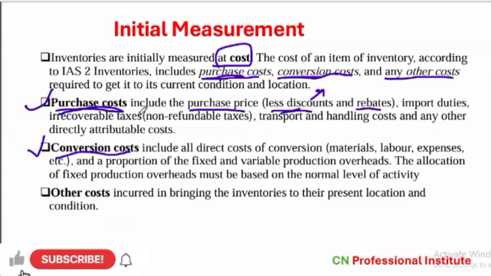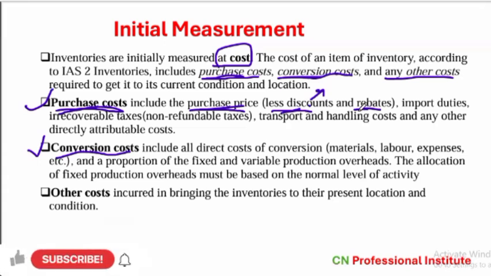So the purchase cost includes the purchase price, less discounts and rebates. What do we mean by discounts and rebates? A discount is an immediate price reduction at the point of buying or selling. Rebates, on the other hand, are similar to discounts, but they are not the same.